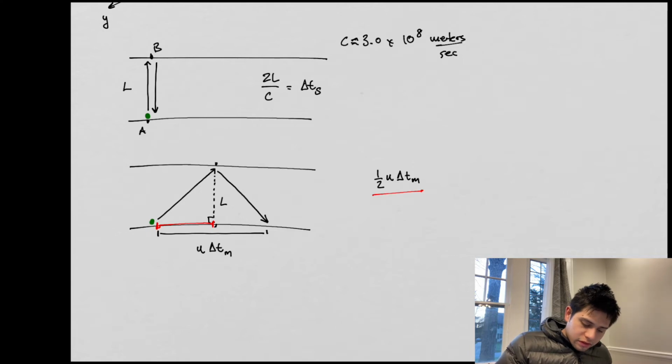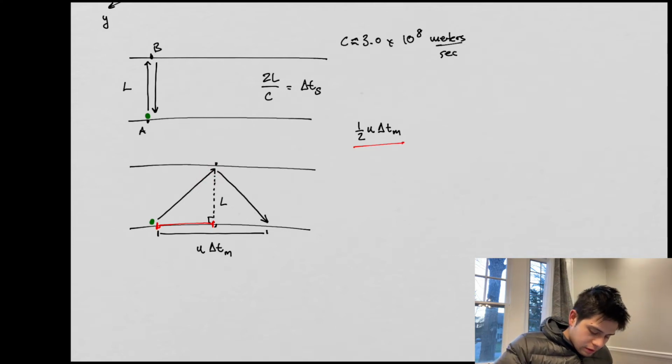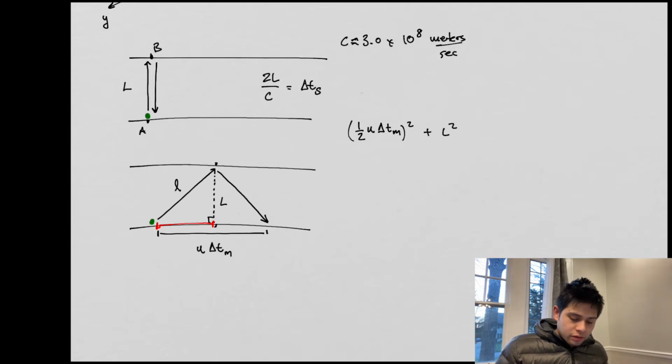And I'm just going to move this a little bit so I give myself some space. And the distance between here and here, well, that's going to be a Pythagorean formula, right? If we call this little l, which is I think what they call it in the book, then little l is equal to this squared plus L squared, big L squared.